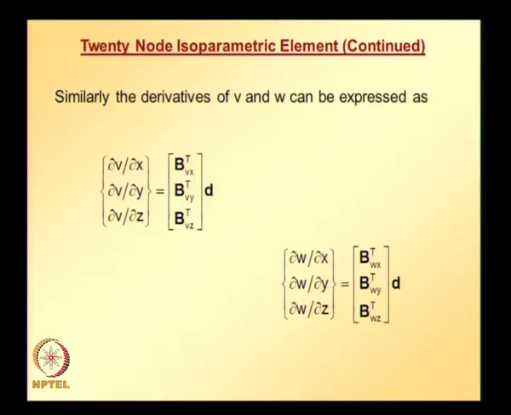So, once we have all this information, using the definitions of strains in terms of displacements, we can easily substitute these quantities and get the strain displacement relationship for the 20 noded isoparametric element.